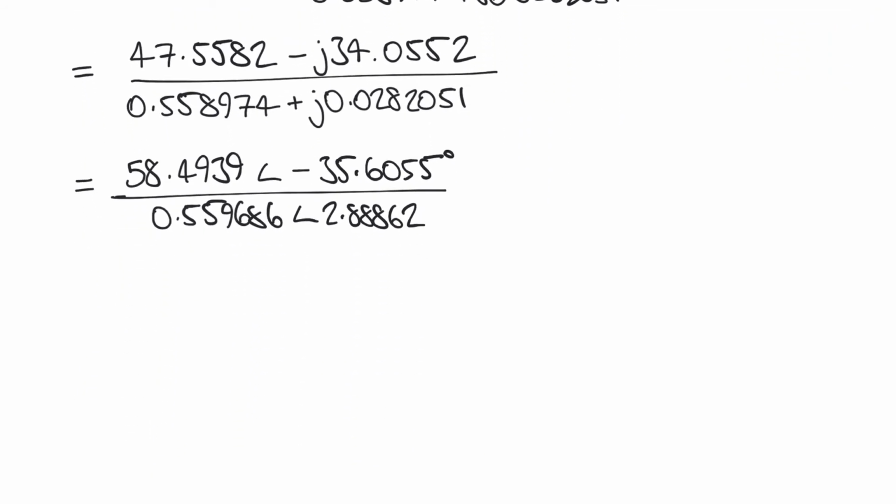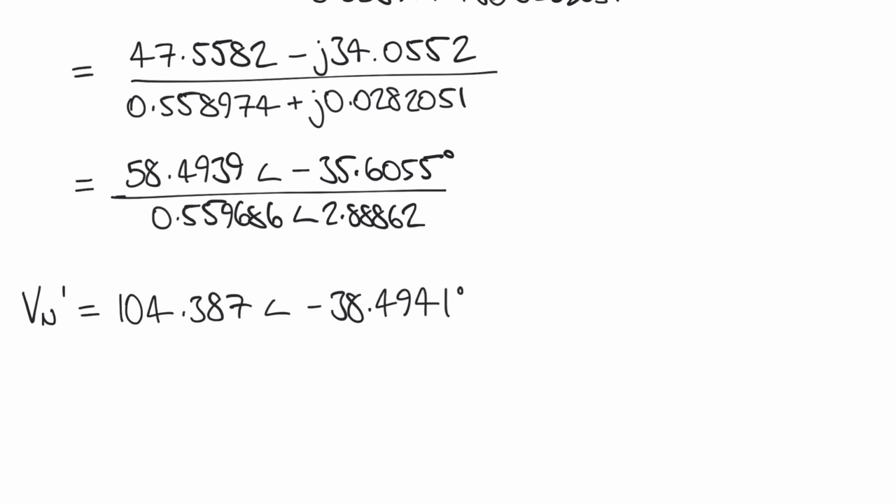When we divide in polar form, we simply divide the first number, the magnitude, so 58.4939 divided by 0.559686, and we subtract the angle, so we'd have minus 35.6055 minus 2.88862. And so we get a result that looks something like this.